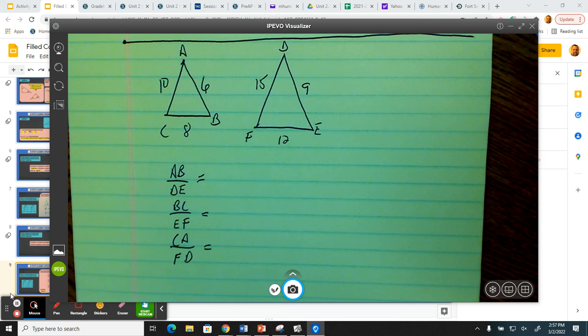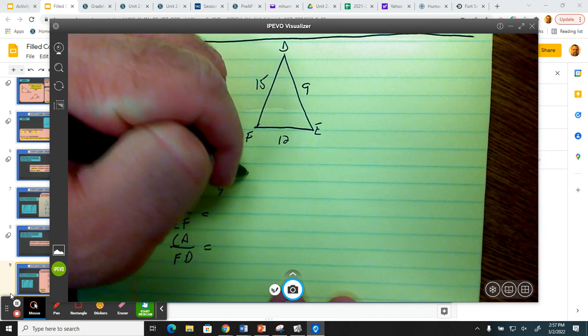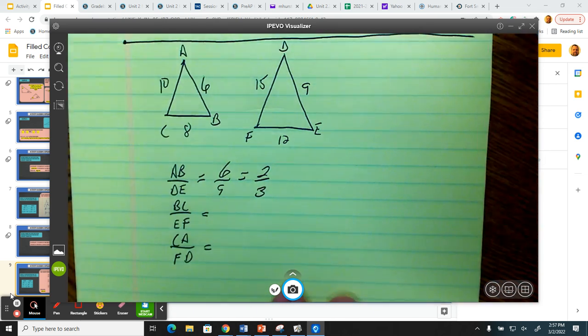So we have to prove all three sides are proportional. So AB over DE. What is AB over DE? 6 over 9 or 2 over 3.